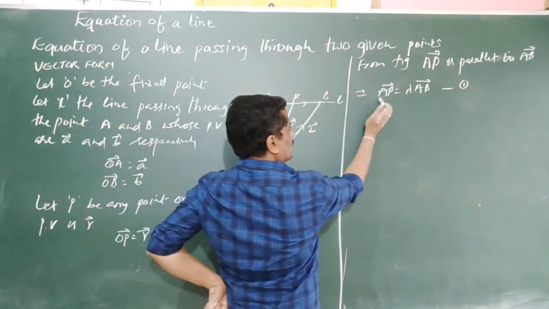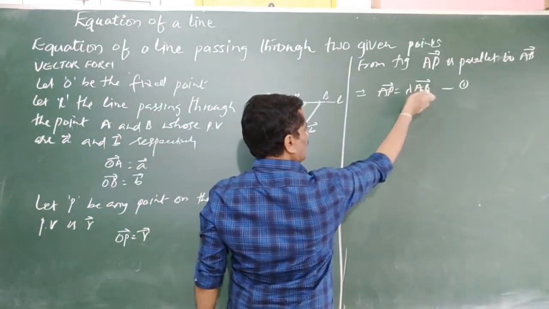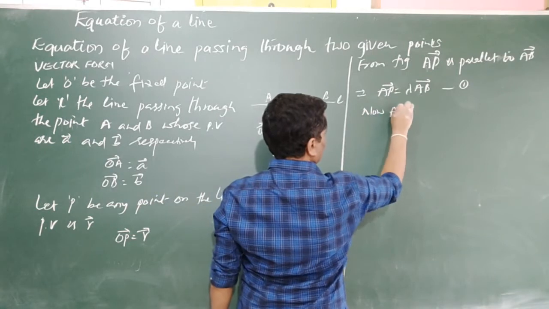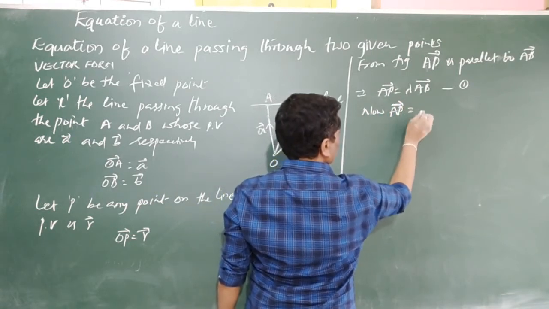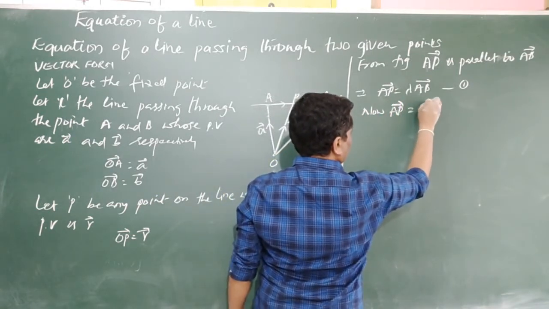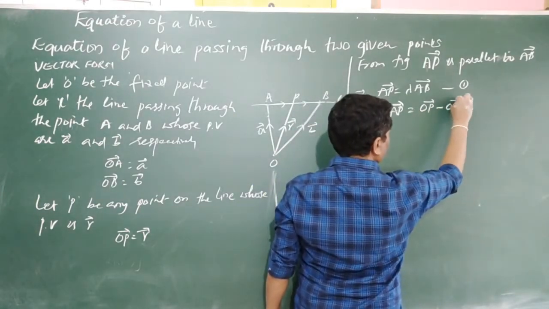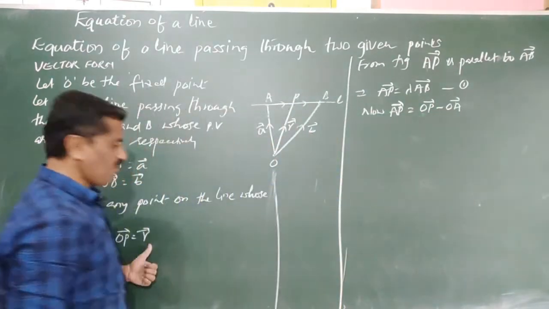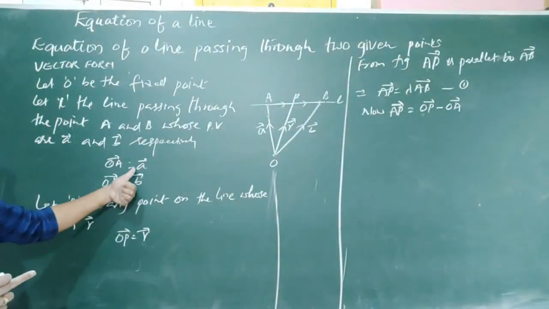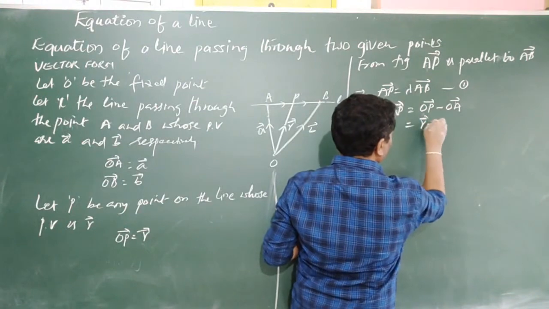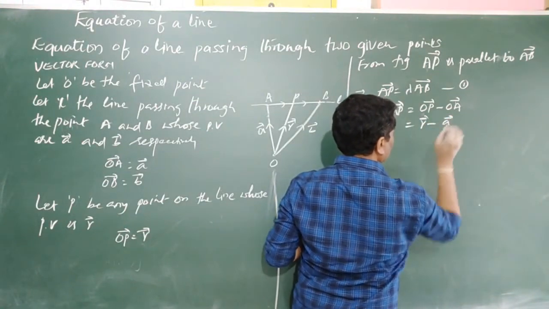Again, express AP bar and AB bar in terms of position vectors. AP bar is equal to OP bar minus OA bar. What is OP bar? We have r bar. What is OA bar? We have a bar. That is equal to r bar minus a bar.